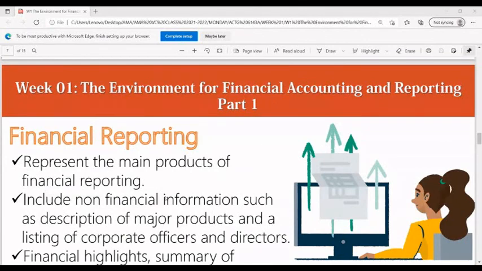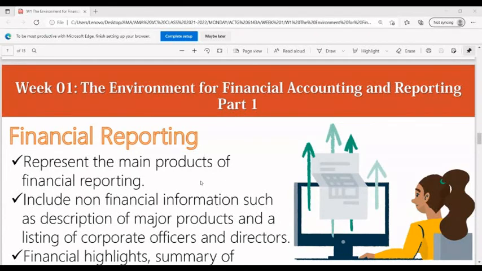So for financial reporting, a business operation or a business manager is always depending on the financial report, or the results of the operations and all the transactions of the entire business operation.